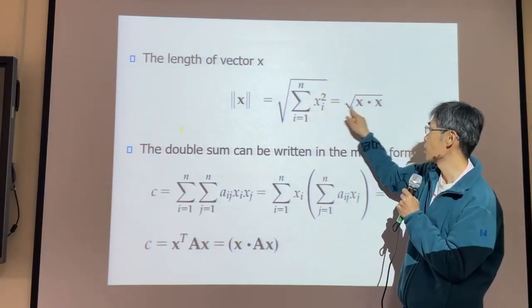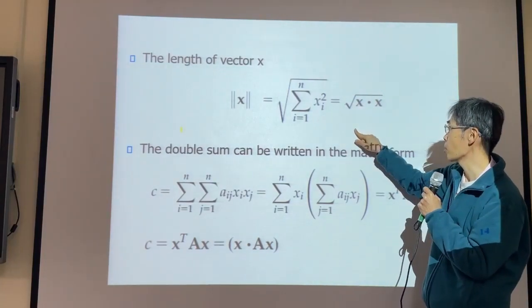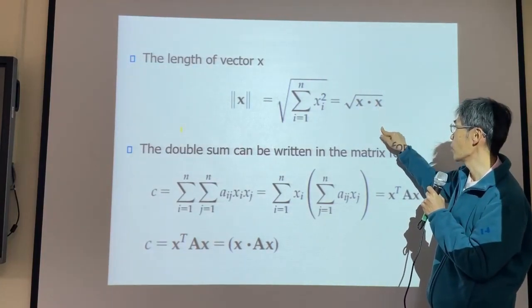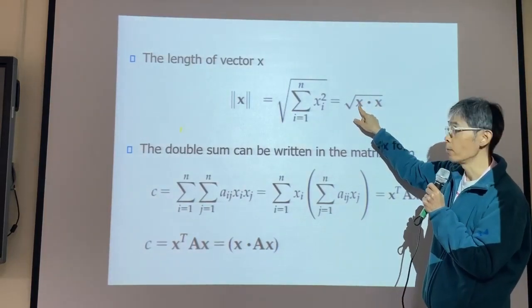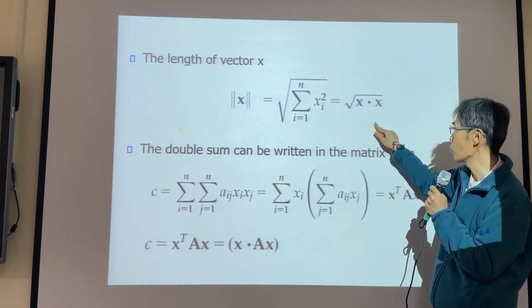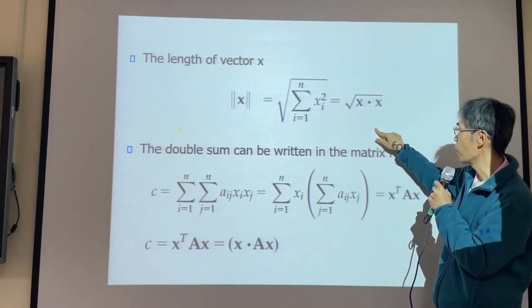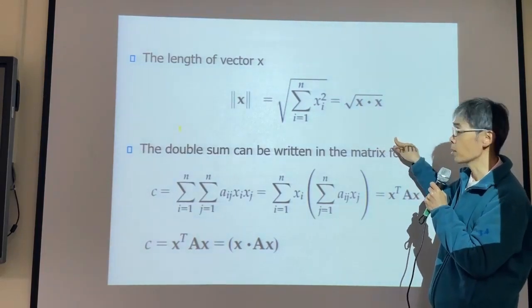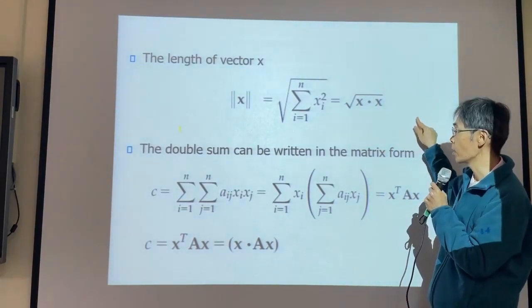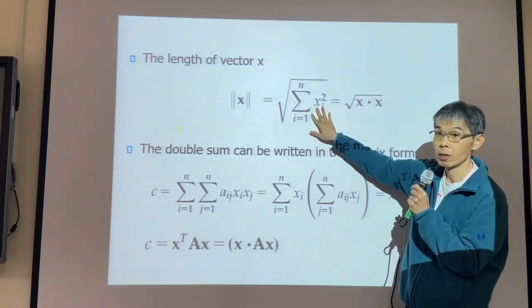Because x is x1, x2, we take the row vector x1, x2 times x1, x2. First row, first column, x1 squared, plus x2 squared. So it's the same as this one.